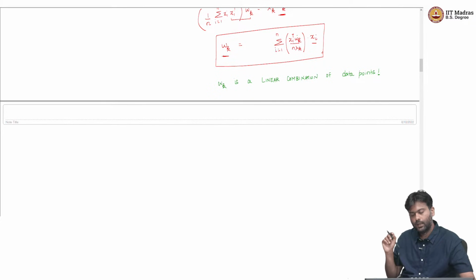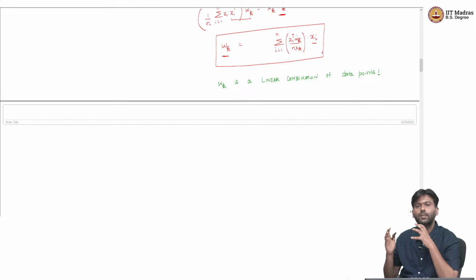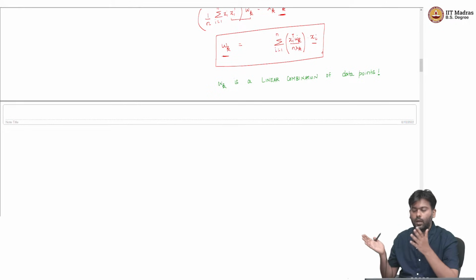Now, the interesting thing is that wk is a linear combination of data points, which means that somehow you need to combine your data points to get your eigendirections. Now, for different eigenvectors, the way you combine these data points is going to be different.